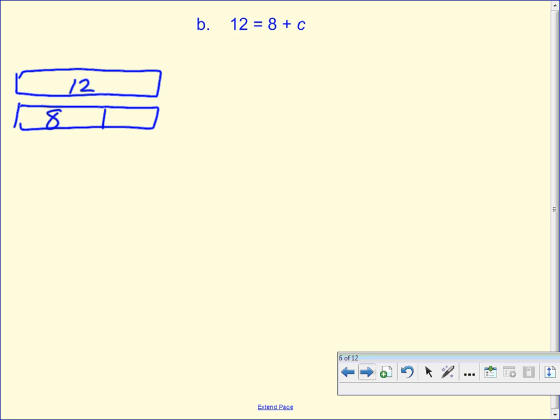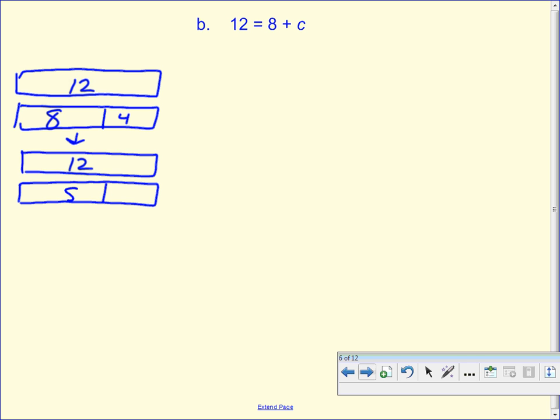But what number can I use? 8 and what would equal 12? First I want to see what 12 is. 4. Now I'm going to write it with the equation. So 12 is my whole. And I know that 8 plus C, because that's what I was told up here in the equation.